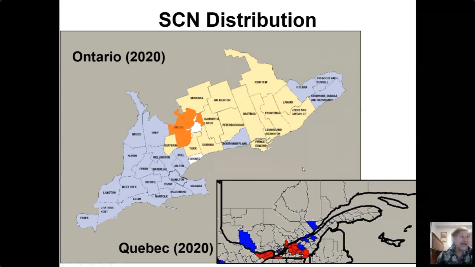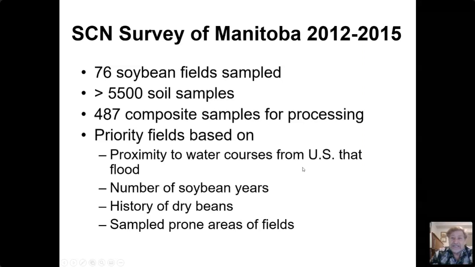We started surveys in Manitoba in 2012, as in North Dakota and Minnesota, SCN approached the border with Manitoba. We sampled over this period of time 76 soybean fields. Almost 6,000 soil samples were taken, 500 composite samples processed, and we prioritized areas closer to the United States where we may have flooding from the Red River Valley bringing cysts in.